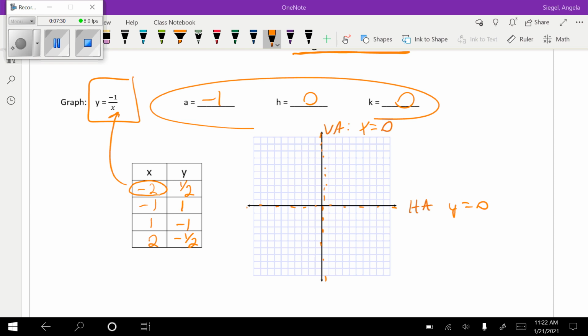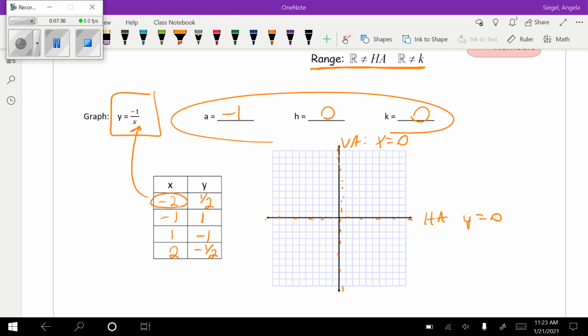Okay, so you should have these values, and what we're going to do is just plot them. I'm going to make each of these dots 1/2, so we can see it a little bit easier. So there's -2, 1/2, and then -1, 1.